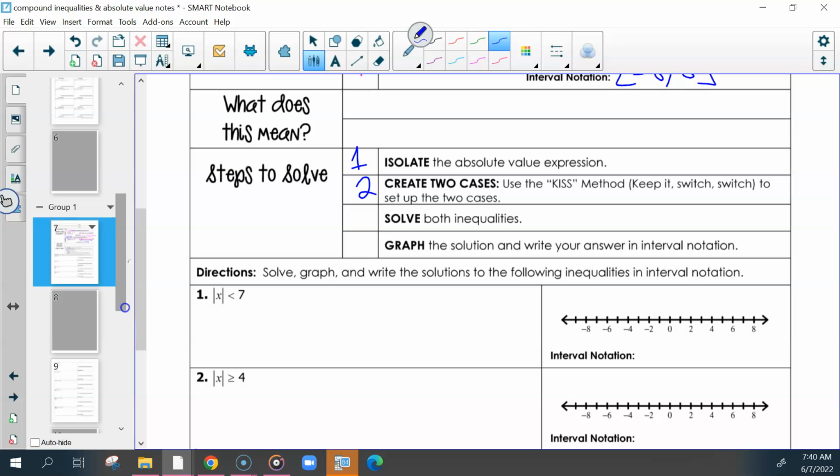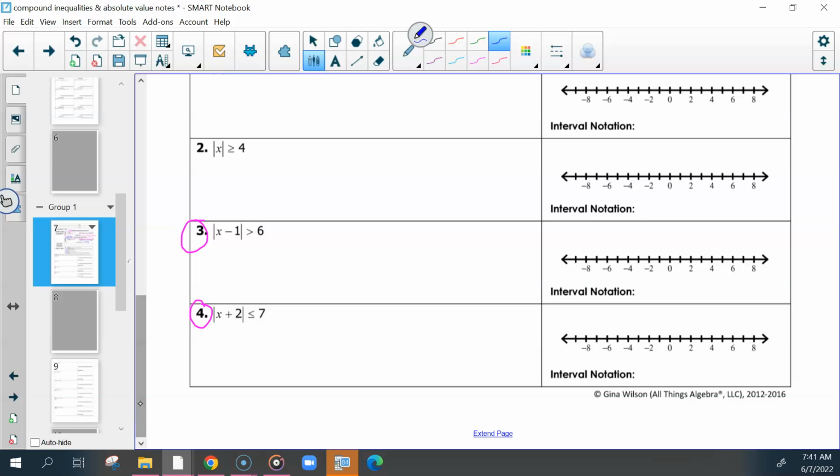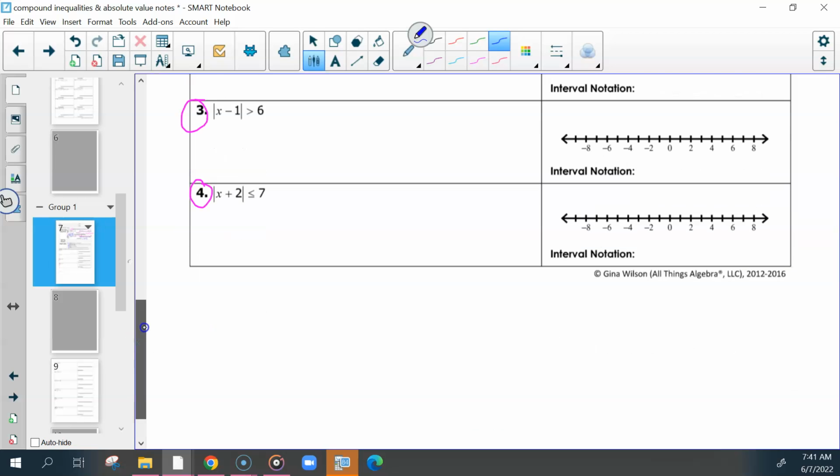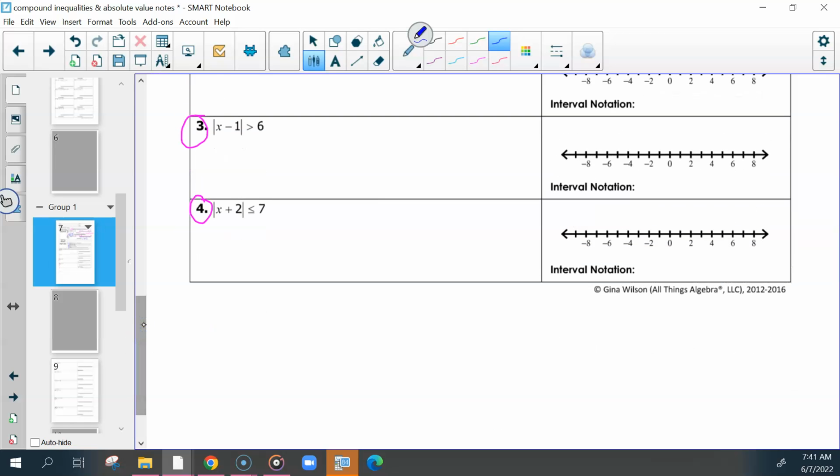And then solve both inequalities, and then graph and write the interval notation. So we're going to do a few of these, starting with number 3.